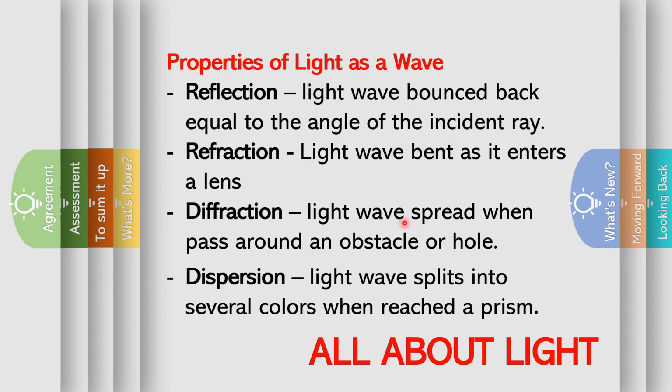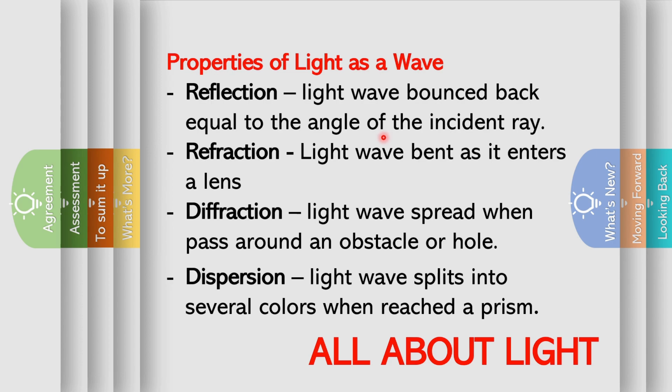Now, these are the different properties of light. Light can have reflection, light can refract, light can diffract, and light can disperse. Anong ibig sabihin nun? The first one, reflection. Light wave bounce back equal to the angle of the incident ray. So, ibig sabihin, the reason kung bakit nakikita nyo ang sarili niyo sa salamin is because there's light.